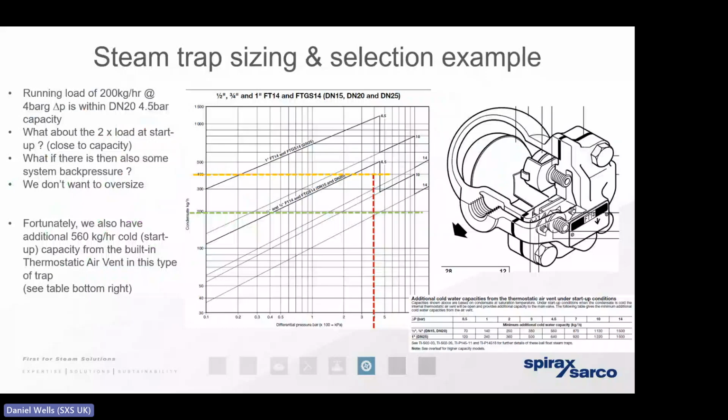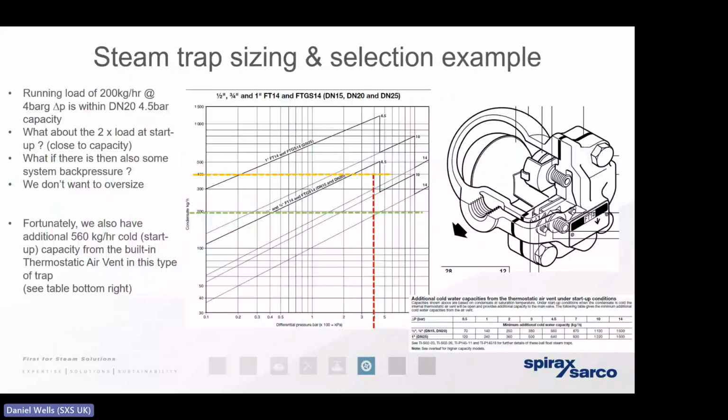So we run the condensate load across horizontally. The line that's running vertically in red, that's that 4 bar gauge differential pressure. That's the motive energy that is present within the steam that is capable of pushing the condensate across the trap. So where the two intersect, that tells us how we size the steam trap.